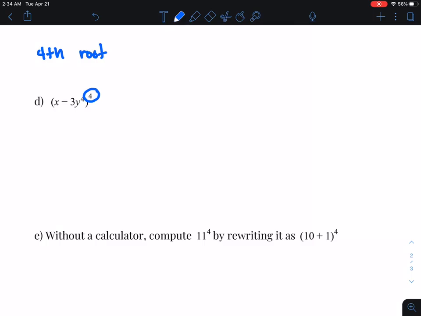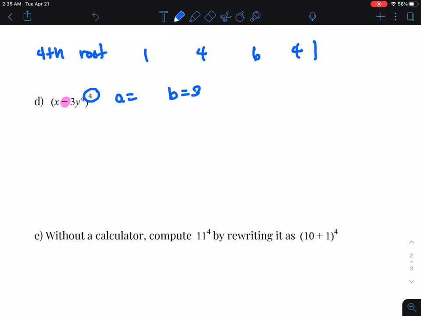So it's 1, 4, 6, 4, 1. Our A is x. Our B is 3y to the 4th. Now, the one thing that is different is our operation in the middle. When we have a negative in there, that means our signs are going to alternate.